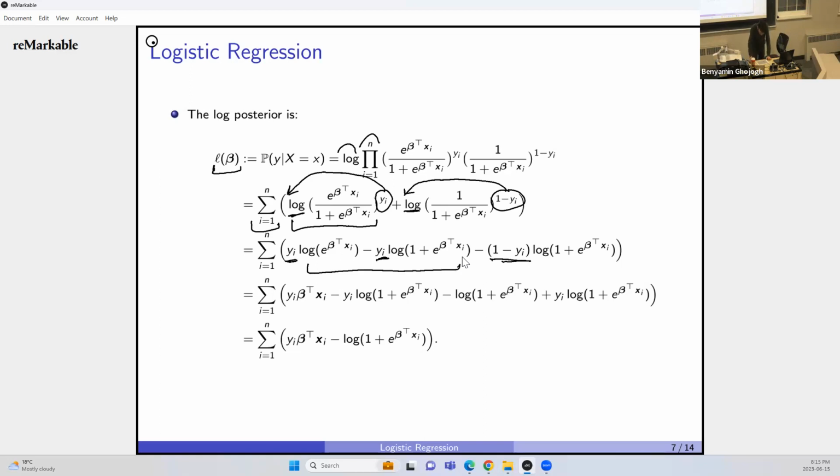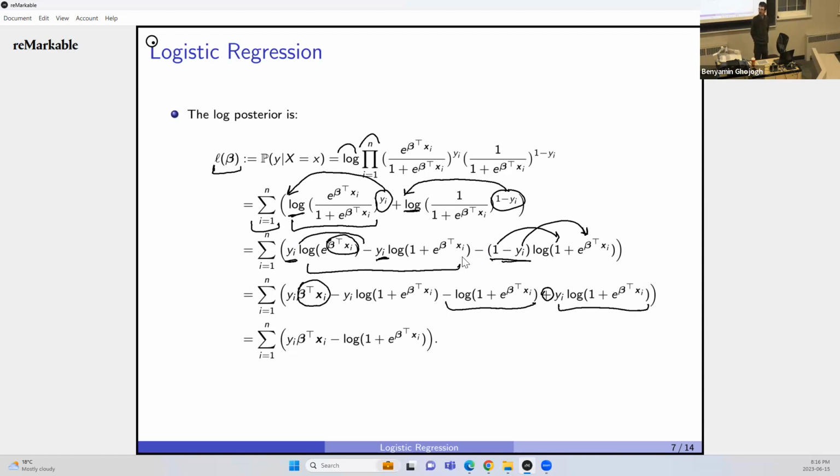And then what do I do? This becomes simplified. Log of exponential, they cancel each other. So it becomes only the power here, beta transpose xi. And then I multiply these to the terms. So I have minus this, and also minus times minus is plus yi times this.